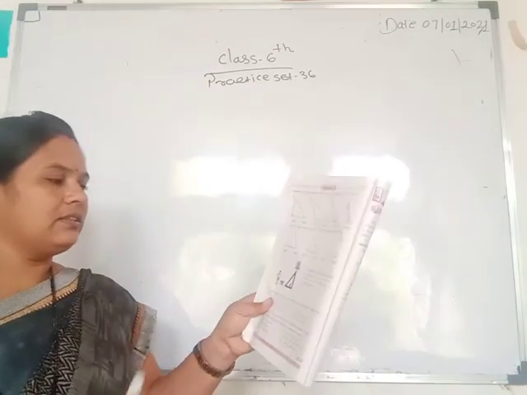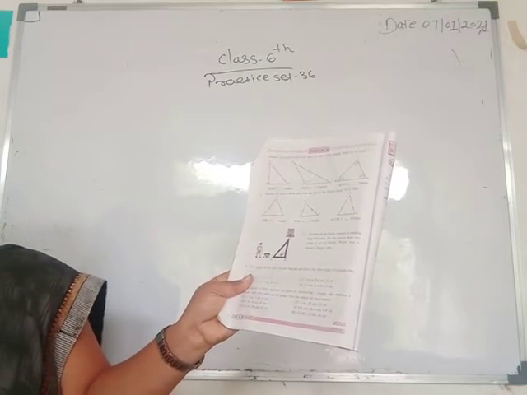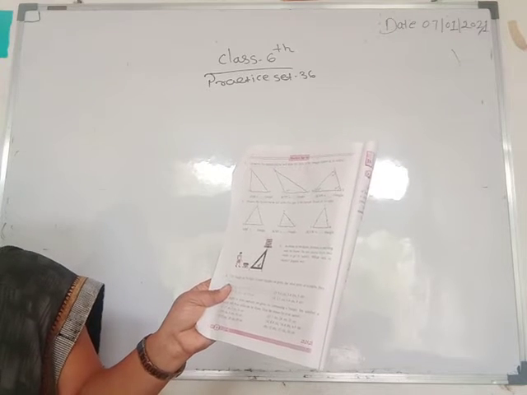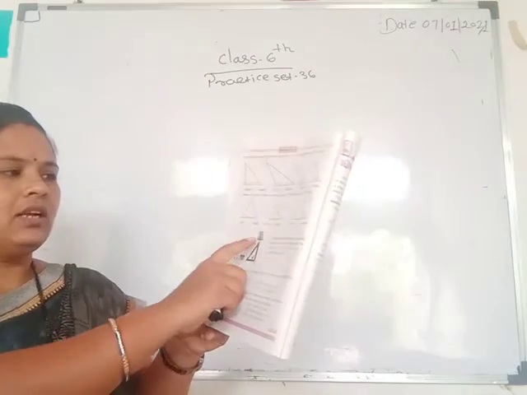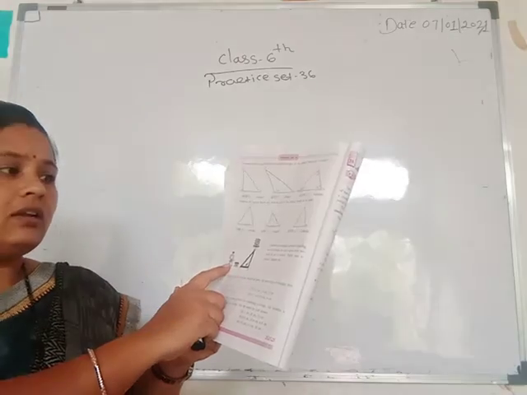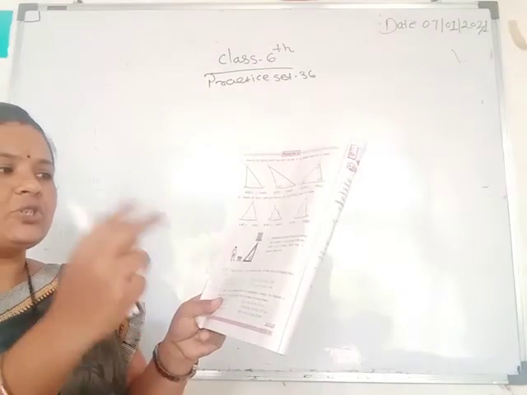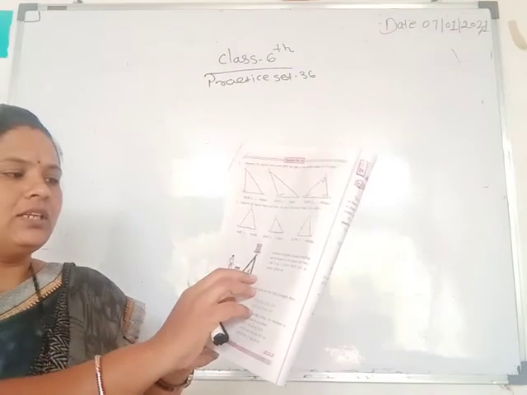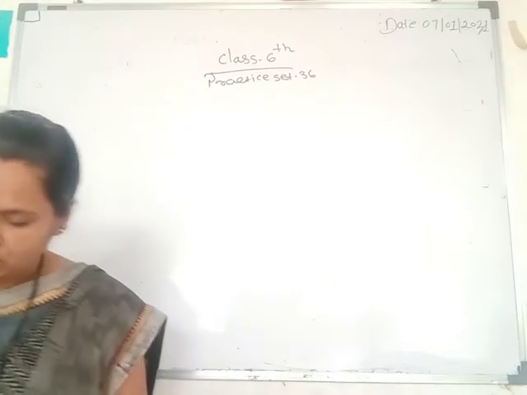Then the third question. As shown in the figure, Avinash is standing near his house. He can choose from these two roads to the school. Which way is shorter? Explain why. Here school and here house, and Avinash is standing near his house and can choose from these two roads to go to school: road AC, and road AB and again BC.